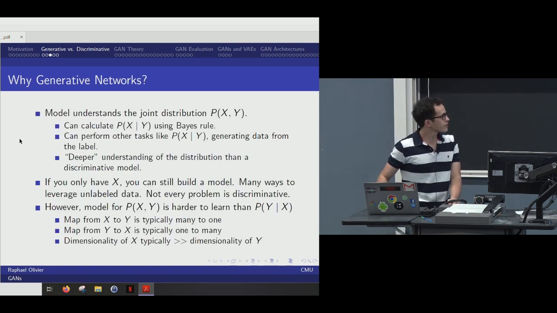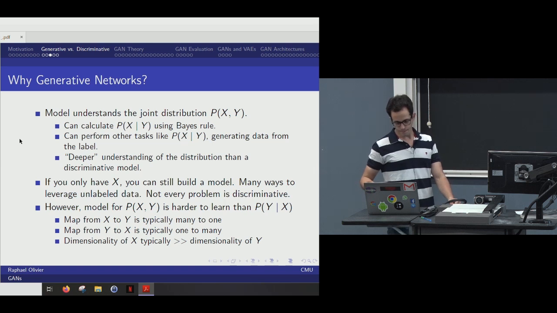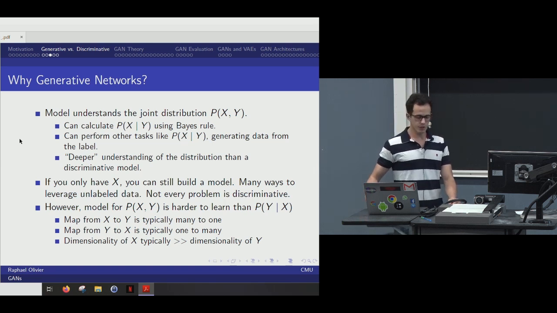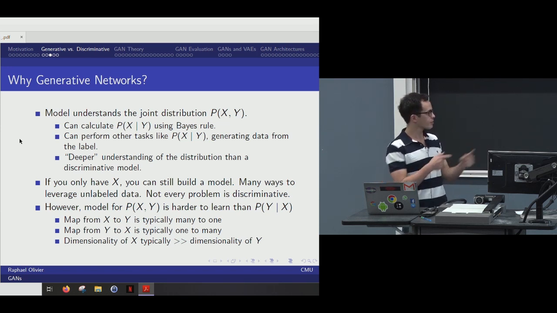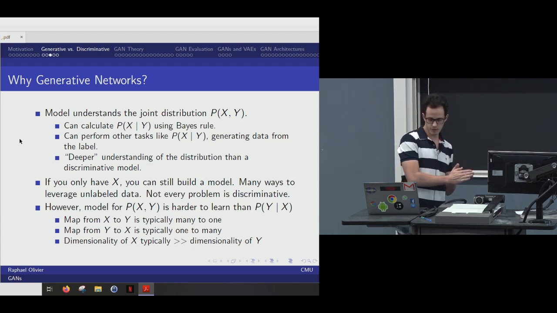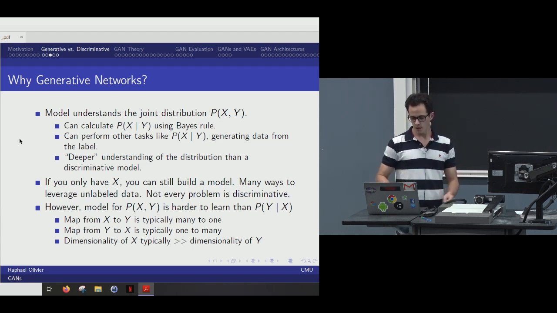Why would you want to do that? Well, generally speaking, the joint probability is more general than the conditional probability of Y given X. For example, from the joint probability, you can find back the discriminative version using Bayes rule, but you can also do the opposite, find the probability of X given Y. And generally speaking, you understand a lot better what the data is.